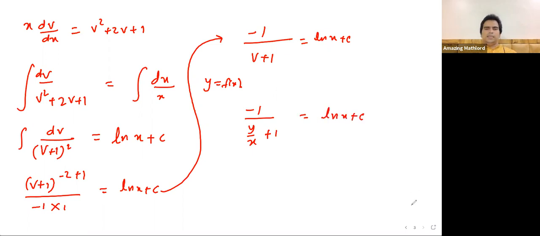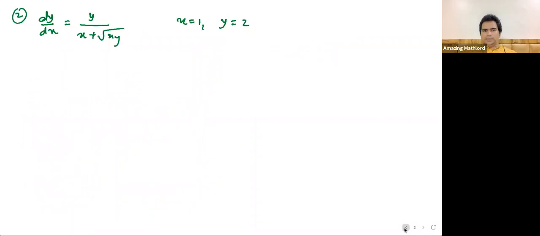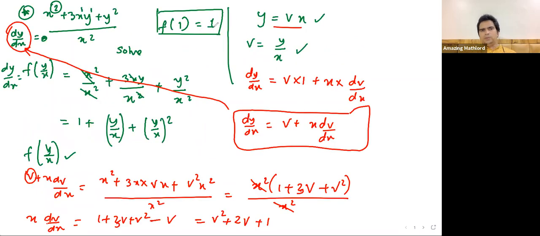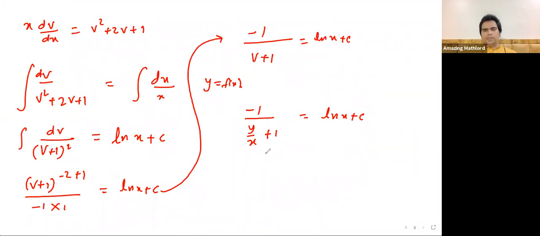Since the question gives that when x is 1, y is 1, we plug in x is 1 and y is 1. So it becomes -1 upon (1 plus 1) equals ln 1 plus c. ln 1 is 0, so -1 upon 2 equals c. So c is -1/2.